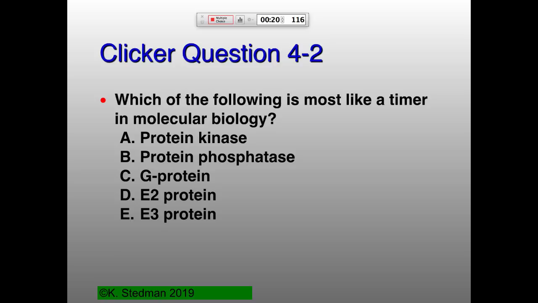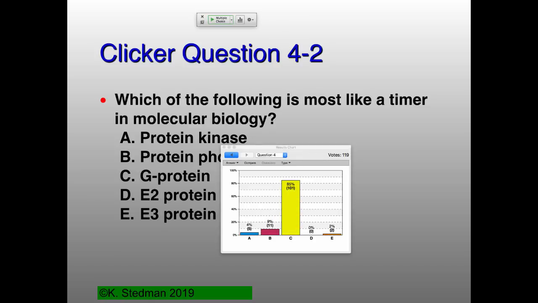Other classes will like that. Three, two, one. Ding, ding. We improved, yes.